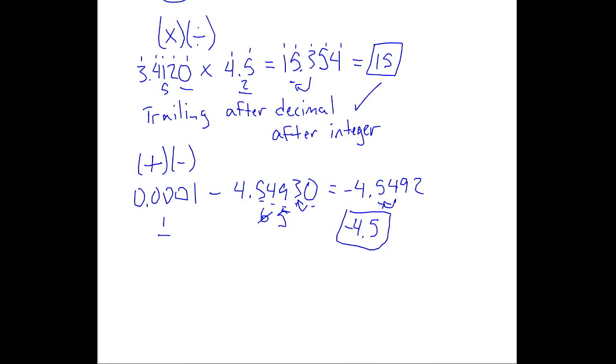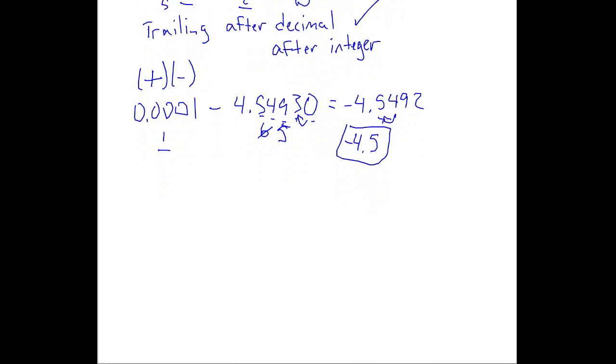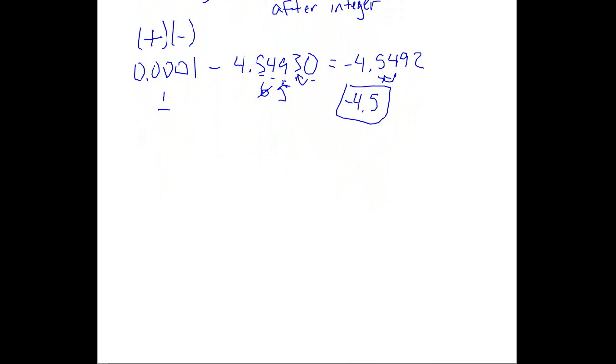Now, what if we have a mixed operation? Say we've got 4.699102, and we are multiplying that by 33.2, but then we are going to subtract 14.